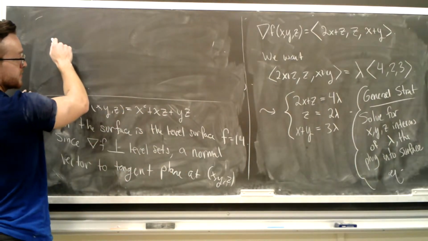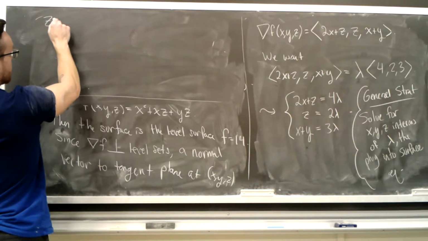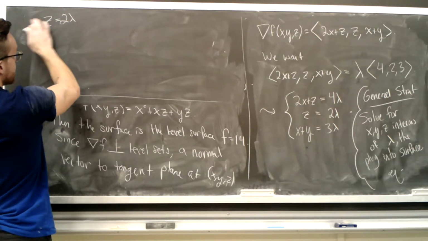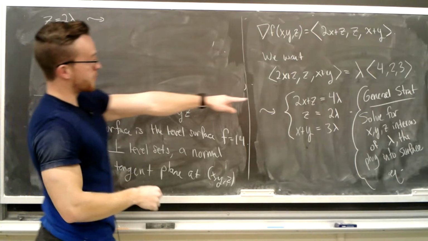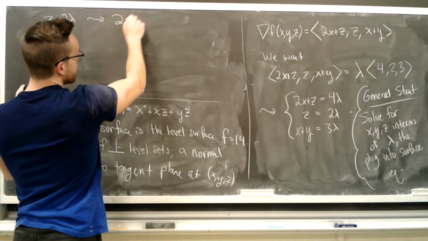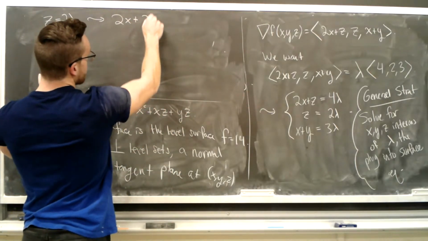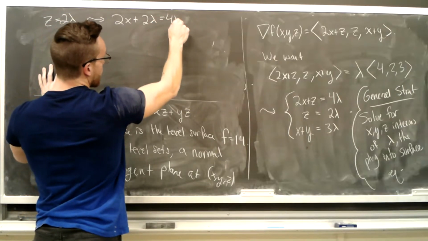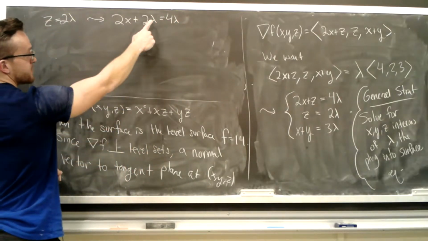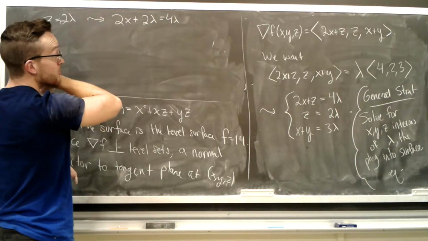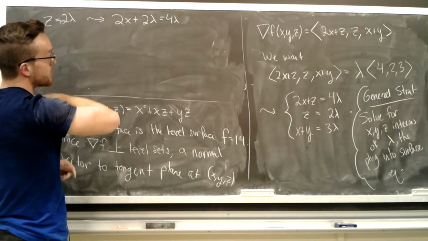So z is 2 lambda already. That was easy. And then using the first equation, this tells me that 2x plus z is 4 lambda. So subtract 2 lambda and then divide by 2, and it looks like x is lambda.